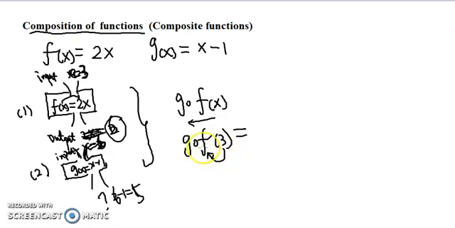Let me use the vending machine to help us understand this. When we put 3 into the function f, it's like replacing this x with a 3, so we get an answer which is 6. Then we take the 6 and put it into the second function, which is like this.